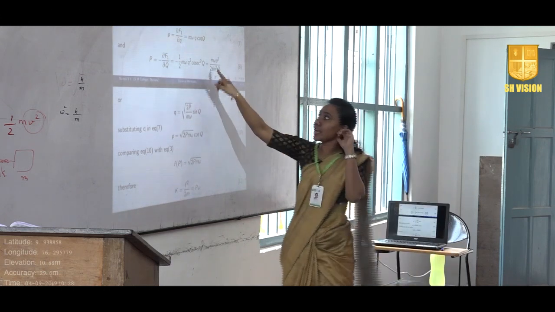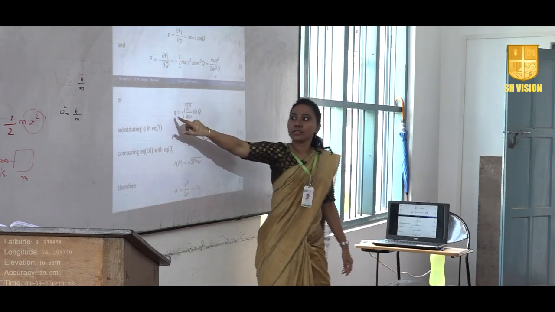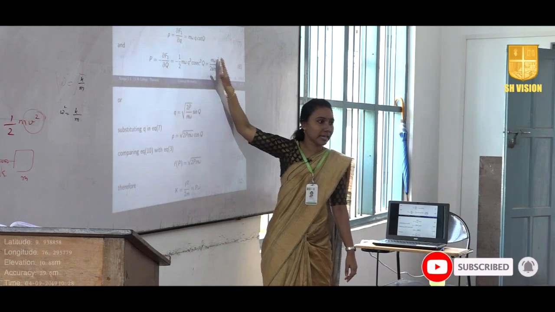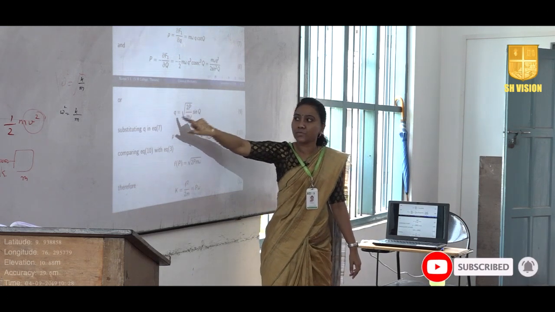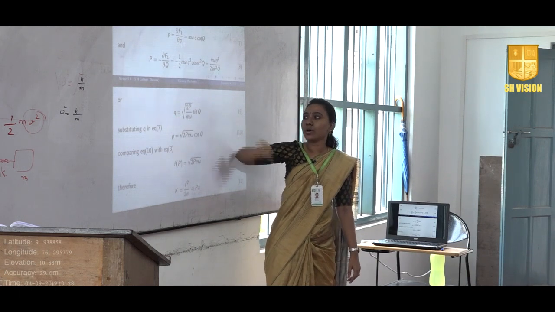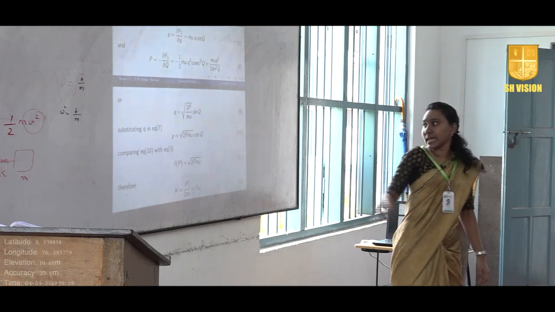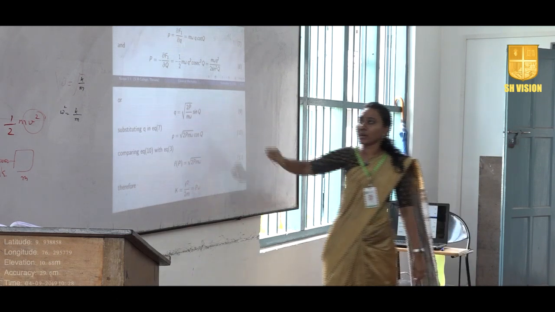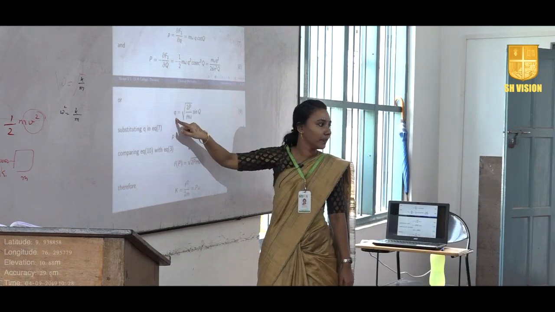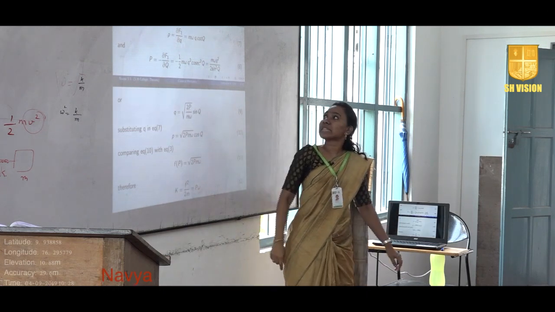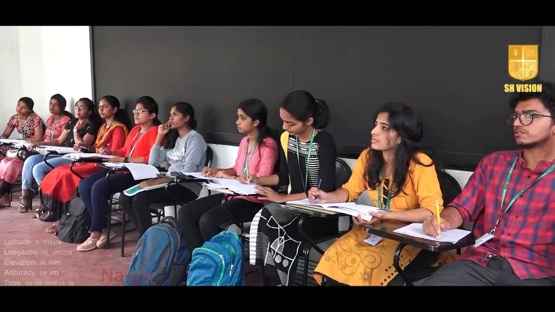And you can rearrange this equation to get small q. You are going to rearrange this equation and you are getting small q equal to root of 2P by m omega sin Q. And now you are going to substitute this q in equation 7, which is your p.